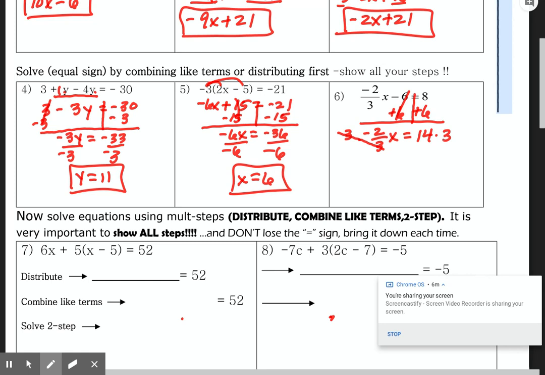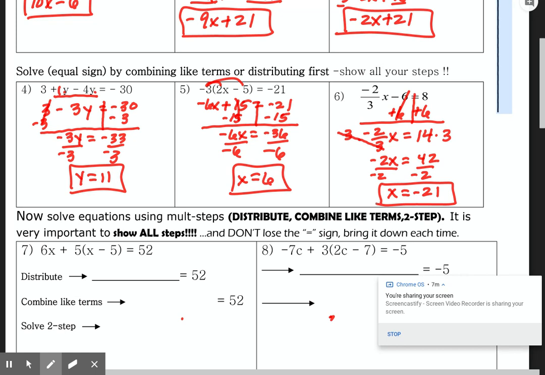So what I have left is negative 2x equals, and 14 times 3 is 42. Then I'm going to divide both sides by negative 2, and x is equal to negative 21. And again, you could always plug negative 21 in place of x there.